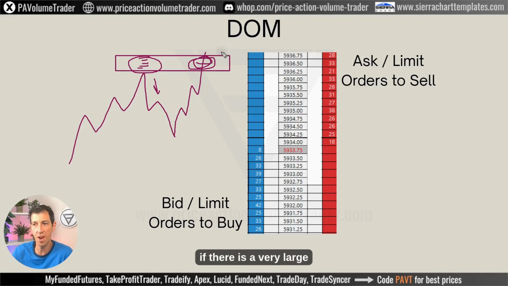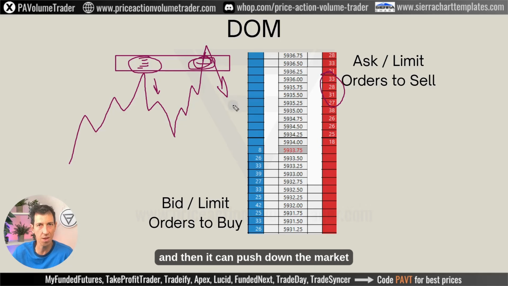If there is a very large passive trader here that's consistently replenishing and reloading big limit orders, it is just going to start using all these aggressive buy orders to load up on shorts, and then it can push down the market again.